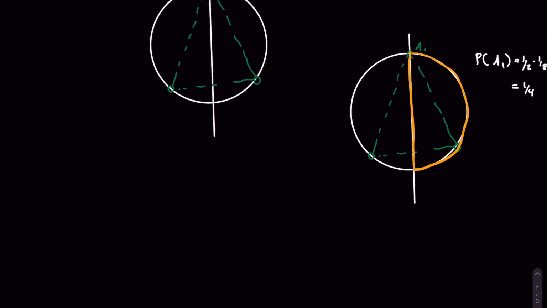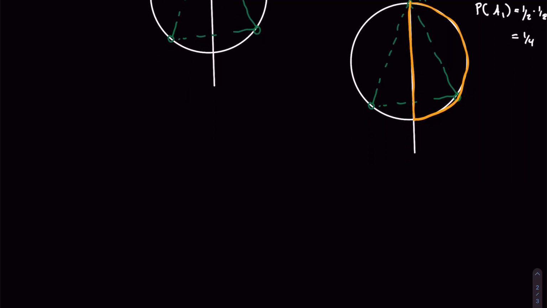And by symmetry, this A1 could be anything, right? So it could be any of the three legs. So we have another event where A2 happens, and that's also 1/4, right? And the same with A3, this would also be 1/4.